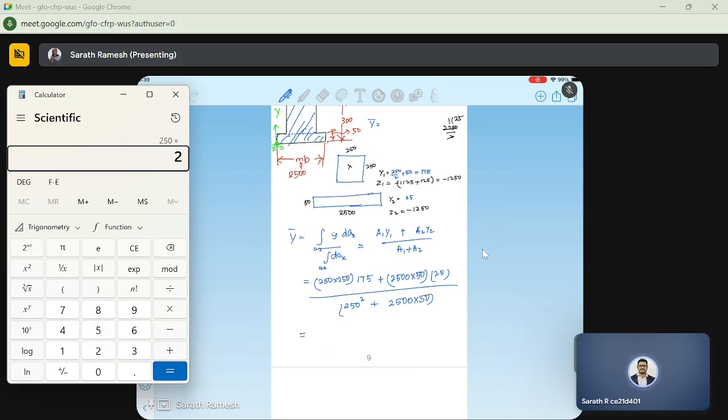250 times 250 times 175 plus 250 times 250 times 500 divided by 250 square plus 2500 times 50.